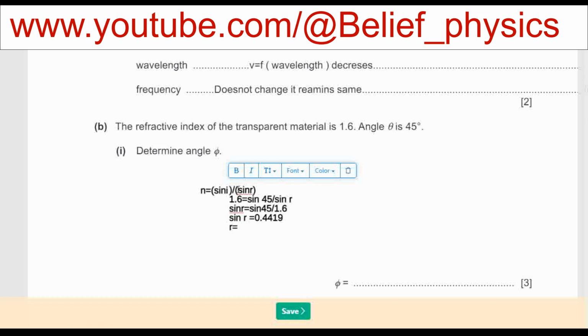By using a calculator, sine inverse of this will give us 26.22 degrees, which can be rounded off to 26 degrees.